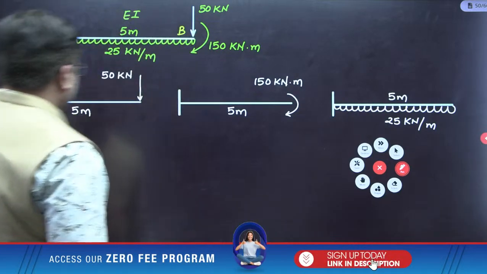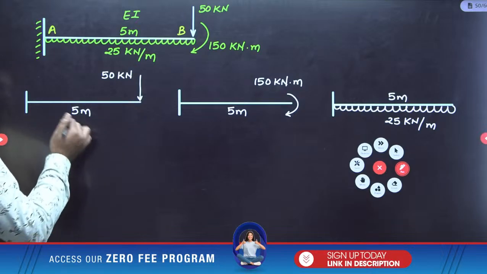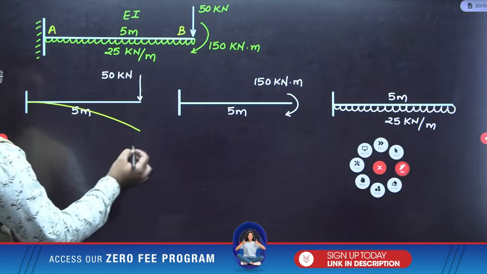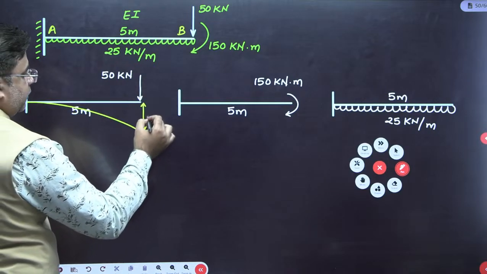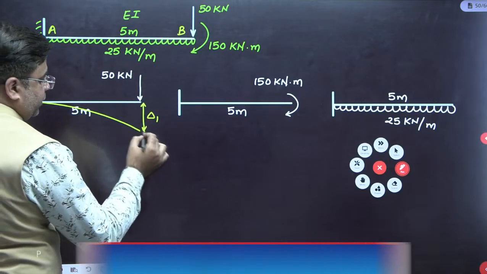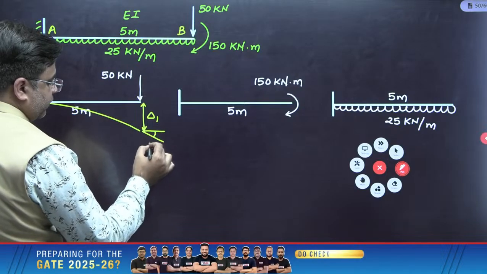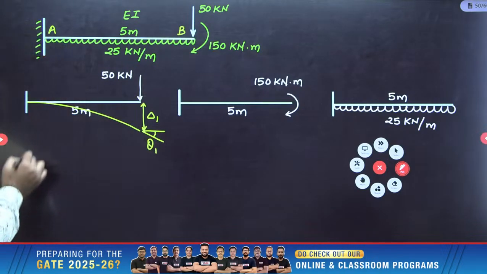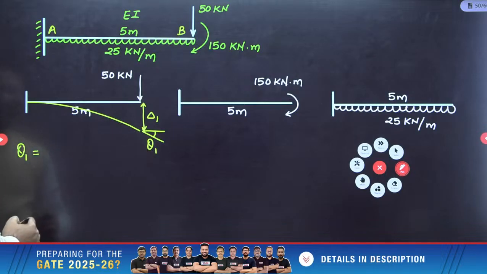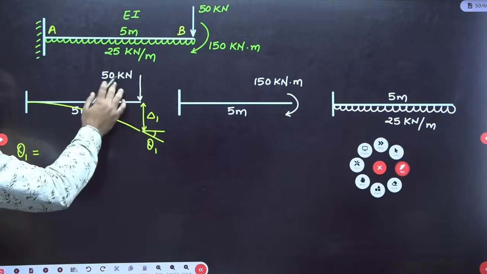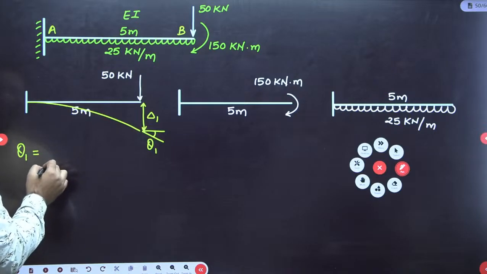First of all, due to this point load, there will be downward deflection of the beam like this. This is delta 1, and the slope here will be theta 1. What will be the value of theta 1? Theta 1 is clockwise, and the value will be WL square upon 2 EI.